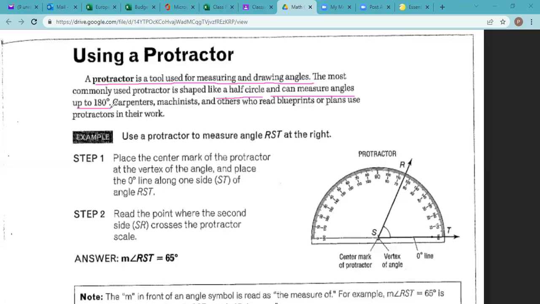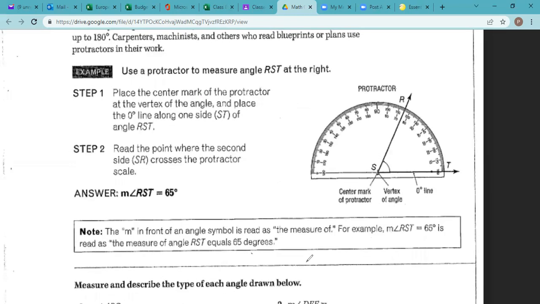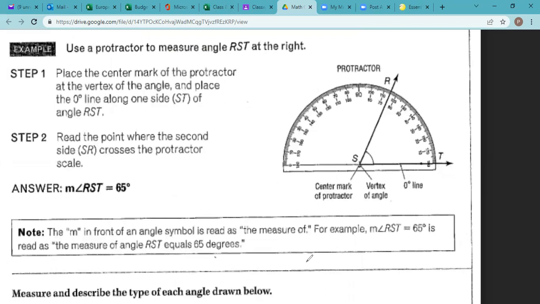Okay. Now, for the example here on the right, you are seeing a protractor that's measuring angle RST. So again, if we were to label this, we would say angle RST, but we could also say angle TSR.